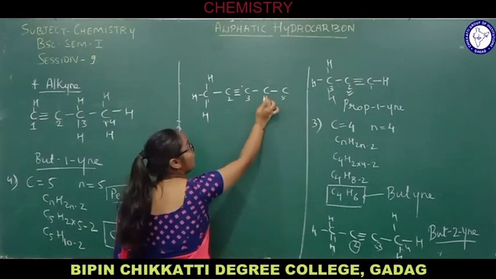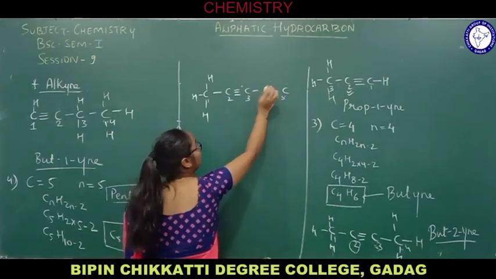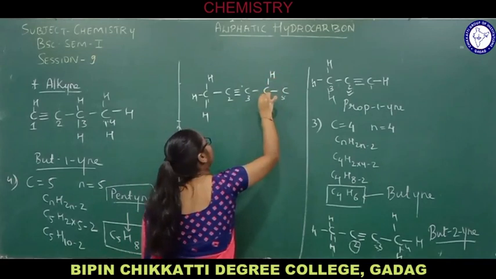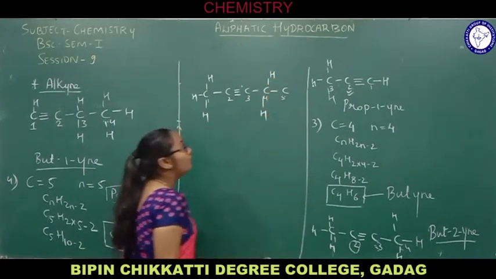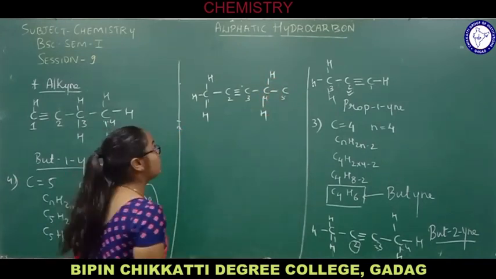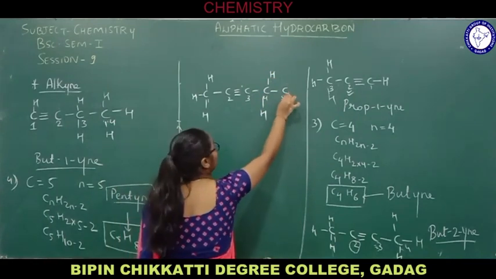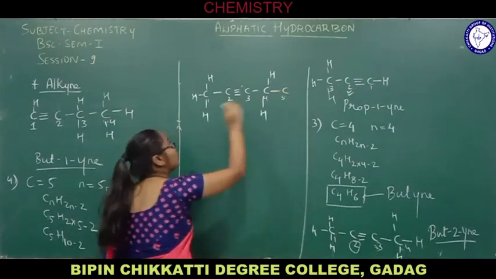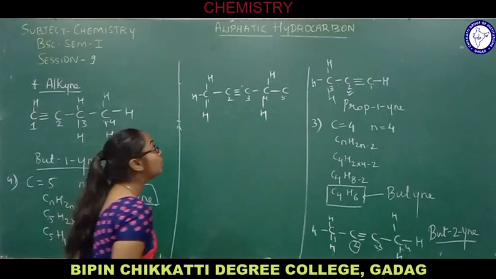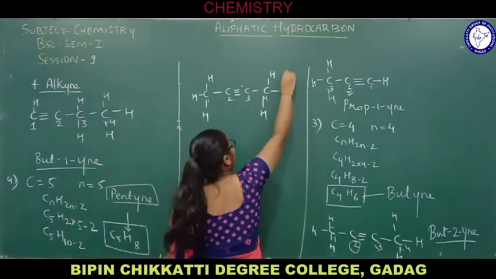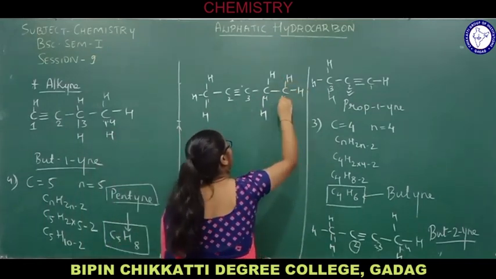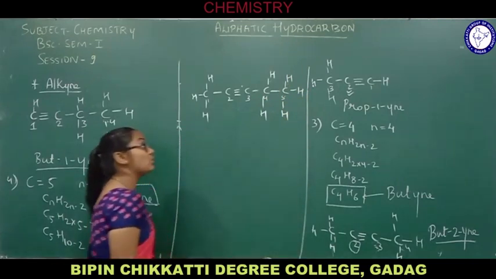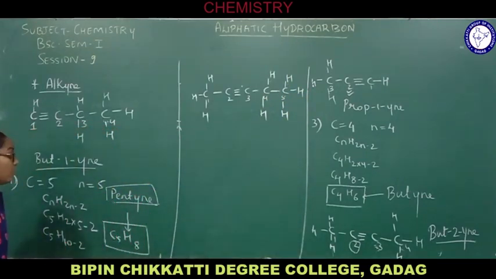Now carbon number 4: here already 2 bonds are there, so the remaining 2 bonds will be satisfied by attaching 2 hydrogens. Whereas the terminal carbon atom is already attached with the 4th carbon atom, so its 3 bonds will be attached to 3 hydrogen atoms. This is how the structural formula is derived with the molecular formula C5H8.